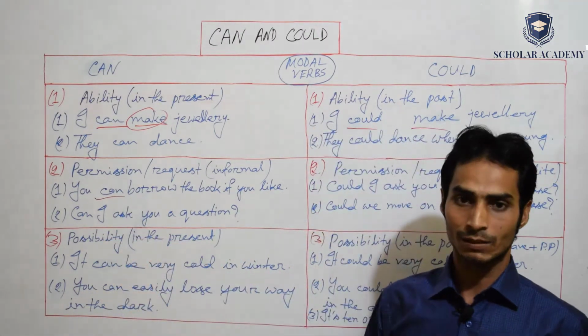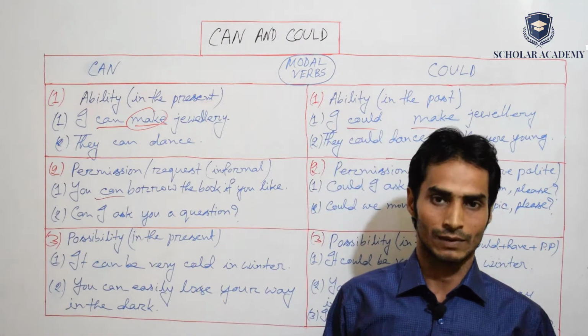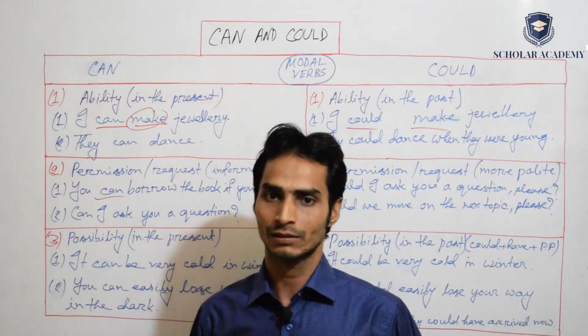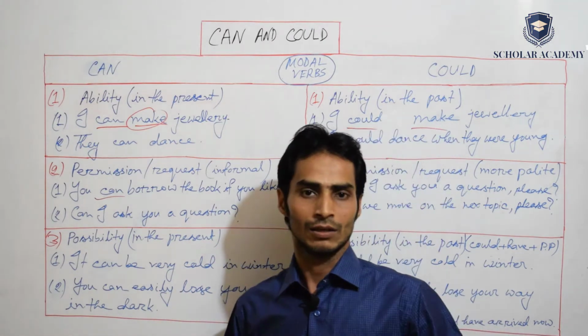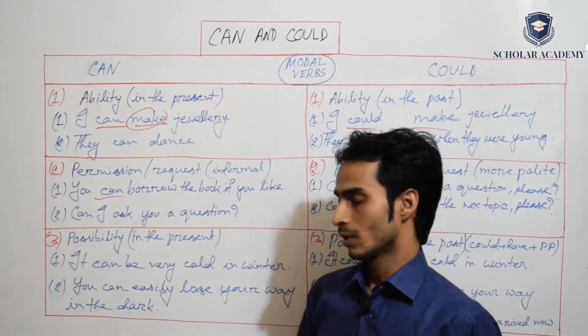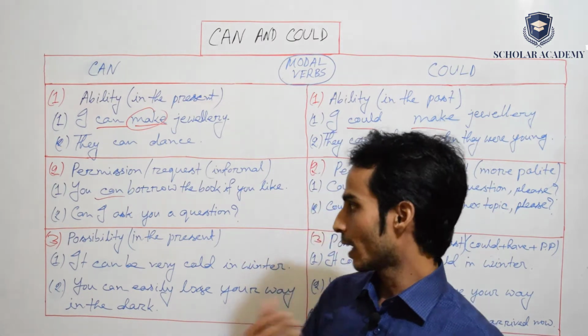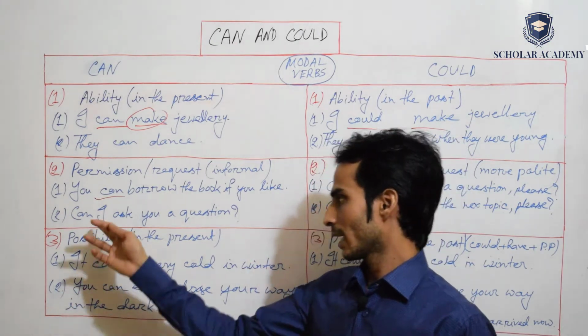Let me explain how. Maybe I have a problem with a math question, and I know that one of my friends knows how to solve it. So if I want to ask my friend, I will have to ask him, can I ask you a question?